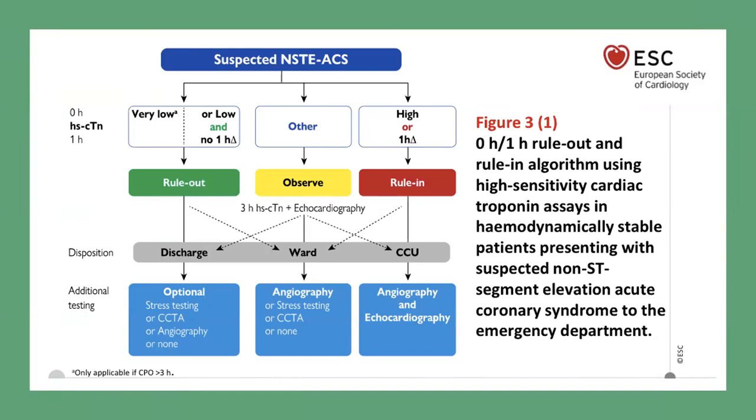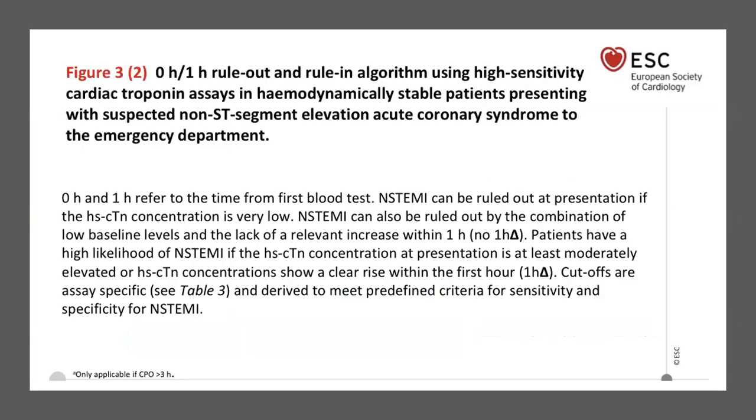But you do need to have your cardiac troponins at the different hours. So this is basically going through what we've spoken about in terms of the cutoffs and when to do your cardiac troponins, the importance of doing them at 0 hour and 1 hour in your patients, just to apply your rule in and rule out algorithm.